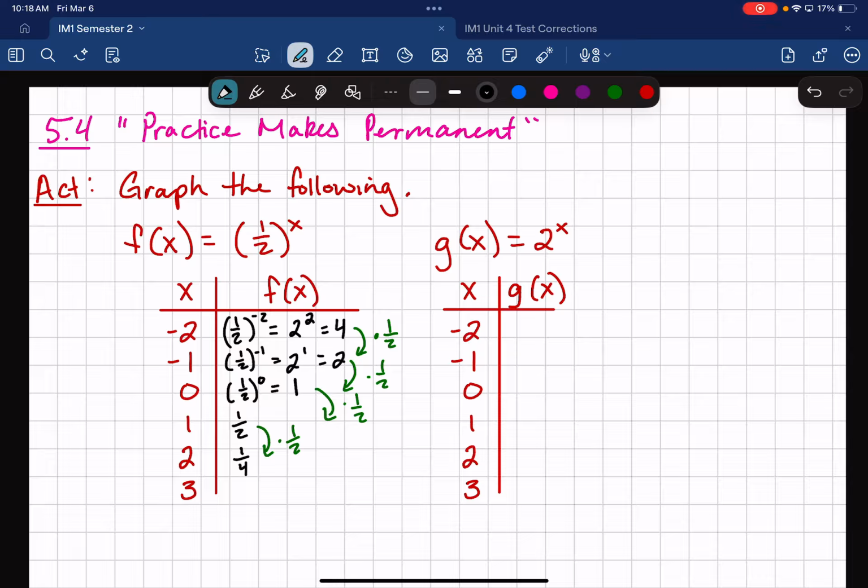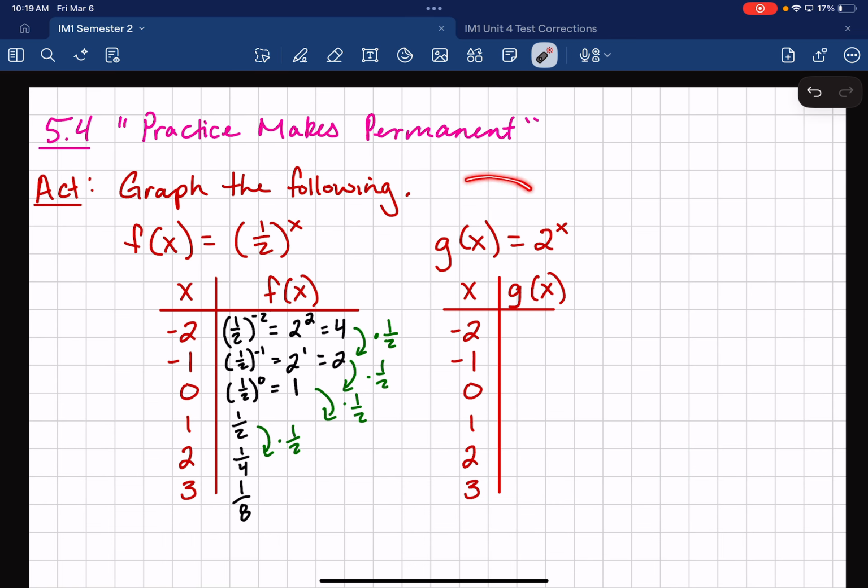I get 1/4. Then 1/8. Notice, do I have to plug it into the function? No, I can just notice the rule. Hey, I can just be multiplying by this value. And it makes it a little faster once we get any value.